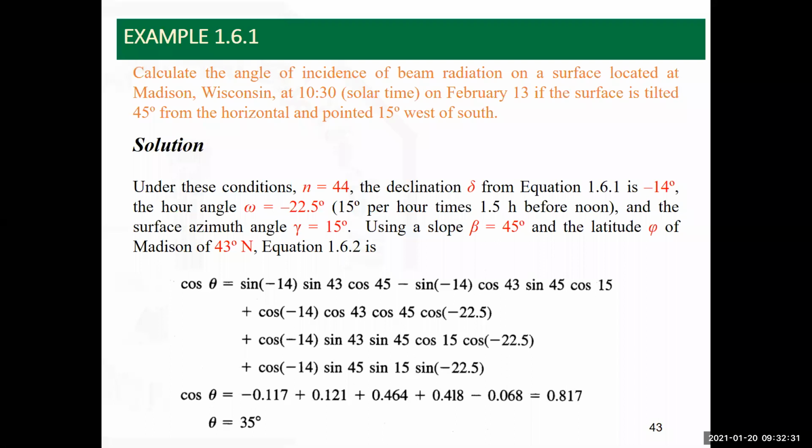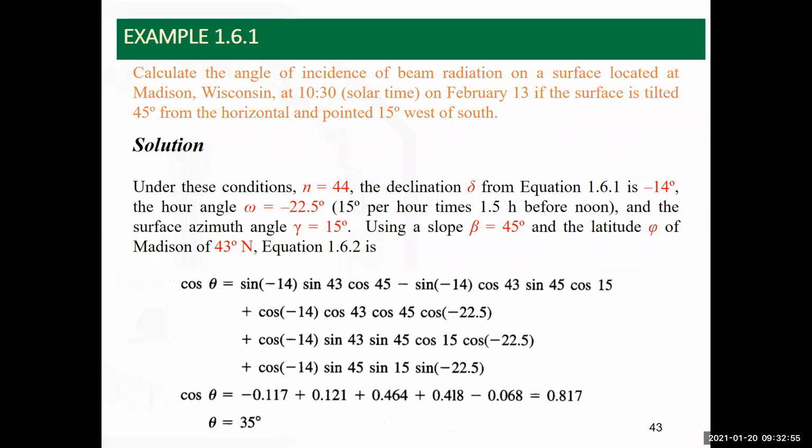So the example again: calculate the angle of incidence of beam radiation on a surface located at Wisconsin-Madison at 10:30 in the morning, solar time, on February 13, if the surface is tilted 45 degrees from the horizontal and pointing 15 degrees west of south. Now let's look at the angles first.